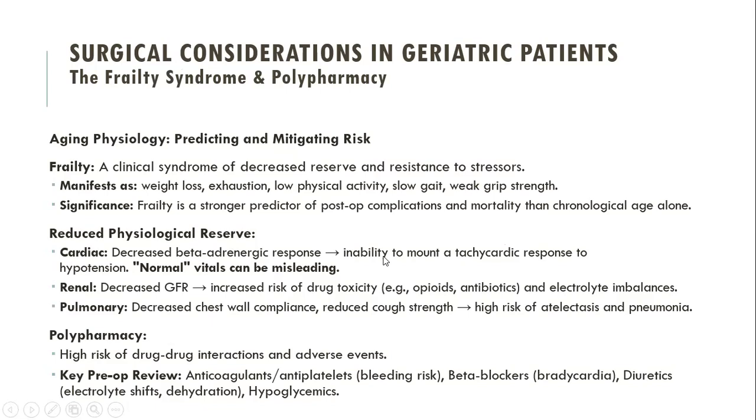So, they have the inability to mount a tachycardic response to hypotension. So, normal vital signs can be misleading because they have again the decreased beta adrenergic response. In the renal system, they have decreased GFR and an increased risk of drug toxicity like opioids, antibiotics, and electrolyte imbalances. In the pulmonary system, they'll be having decreased chest wall compliance, reduced cough strength, and a higher risk of atelectasis and pneumonia.